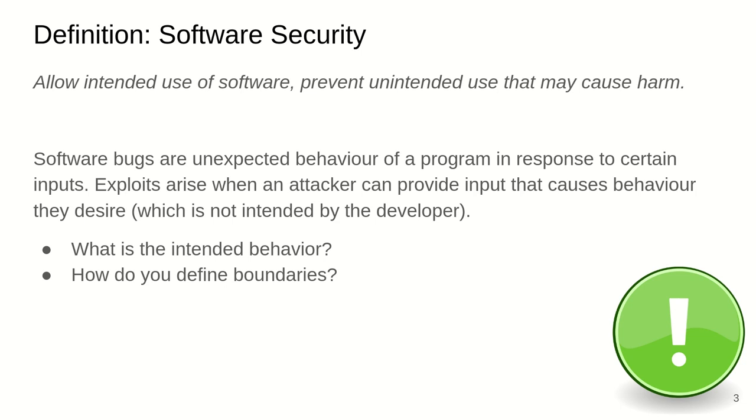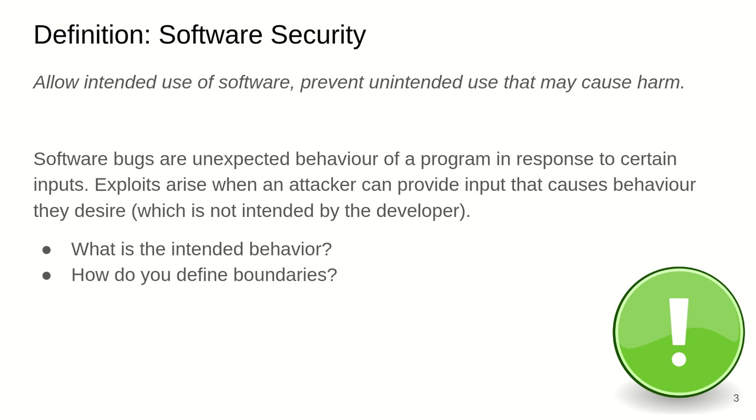This means we need some form of specification to understand what is actually intended for the software, what functionality should it provide, and also we need to know what is unintended and what could potentially cause harm, as in what is outside of the specification of the functionality in the software that we are looking at.